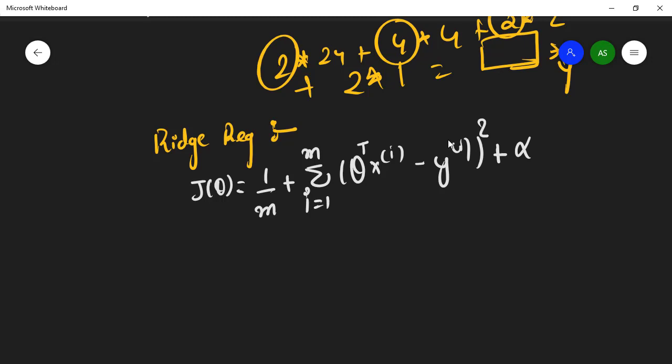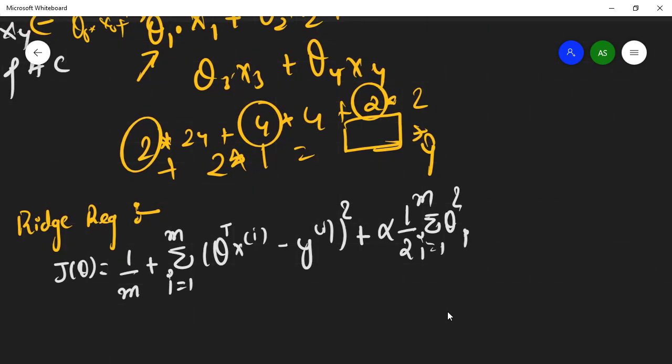It is just a Greek letter. So don't compare it with the learning rate alpha. I will tell you what this alpha does. Then 1 over 2 times the sum from i equals 1 all the way to m of theta_i squared. So here we have added a new regularization term.